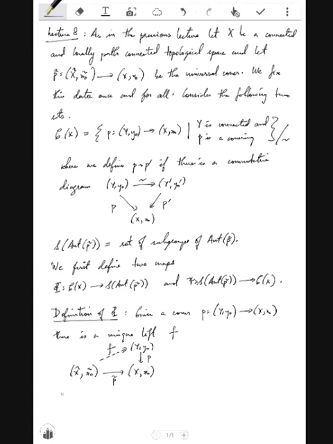So first we will check that f is a covering map.